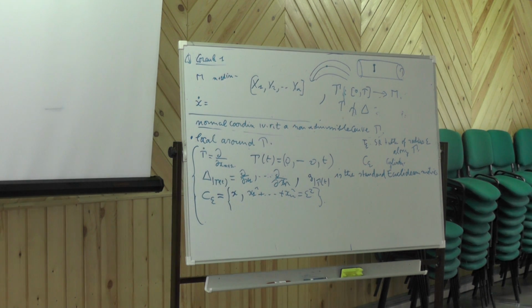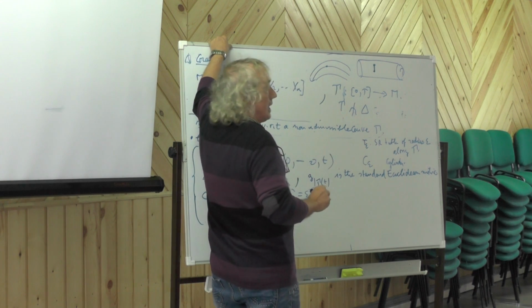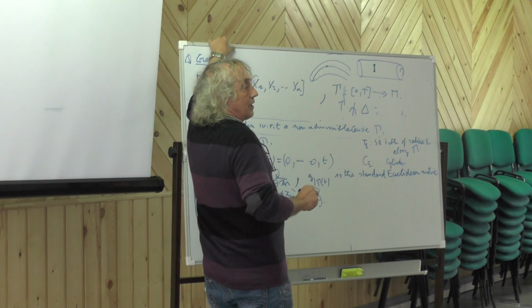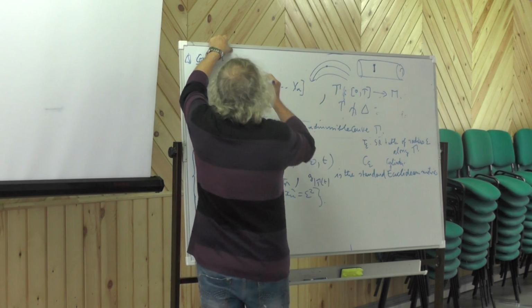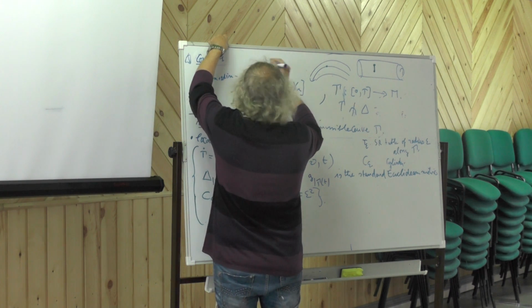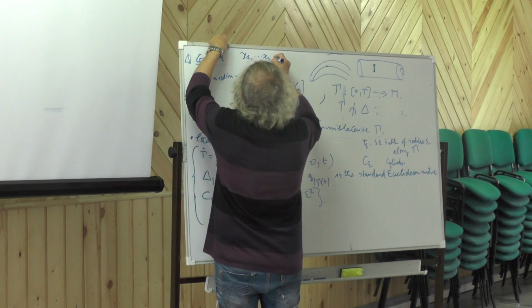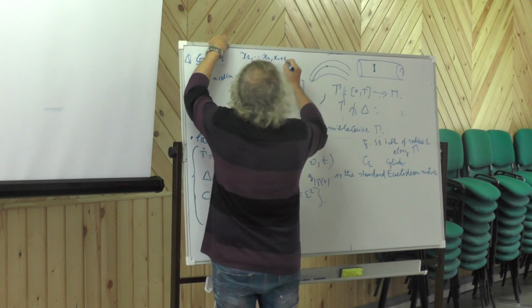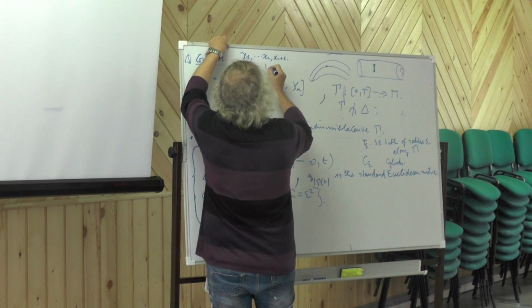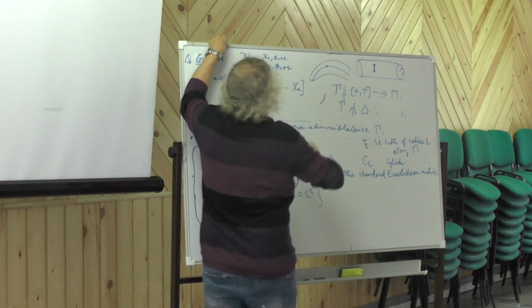What is quite clear is that the variables are x1, ..., xn, and x_{n+1}, and in the cotangent space, the dual variables are p1, ..., p_{n+1}.